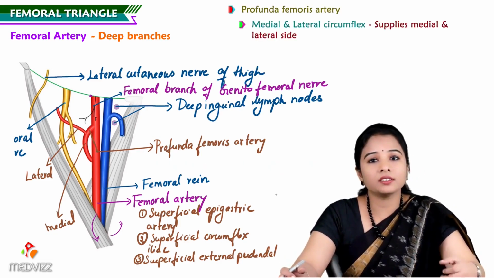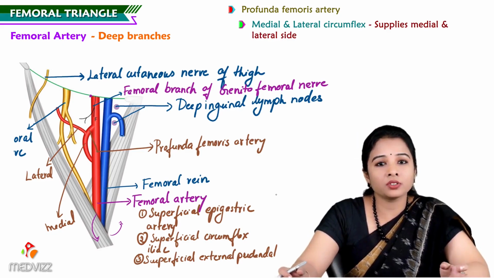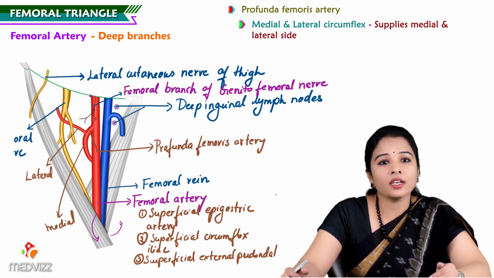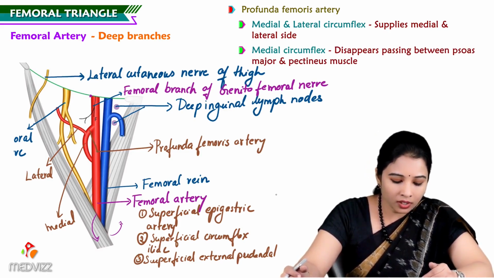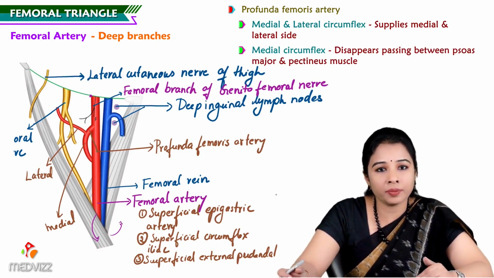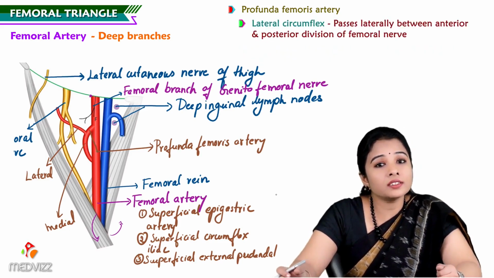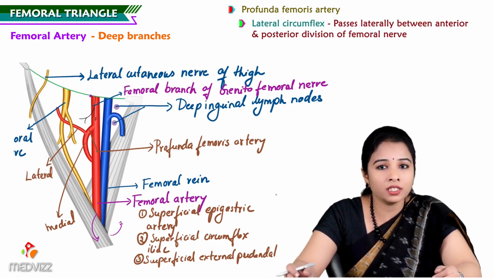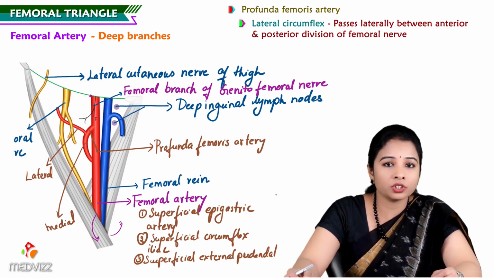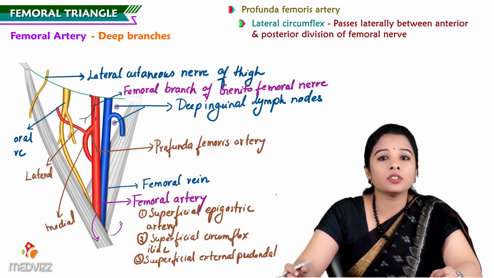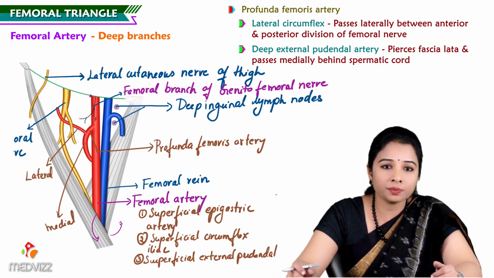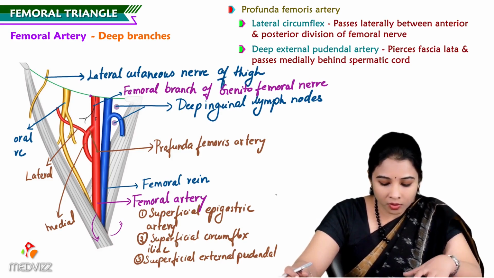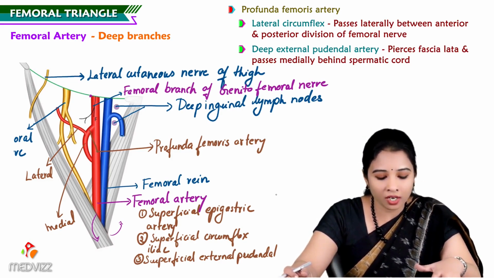So the medial and lateral circumflex femoral arteries supply the medial and lateral sides, and the medial circumflex disappears passing between the psoas major and pectineus muscle, and the lateral circumflex femoral artery passes laterally between the anterior and the posterior division of the femoral nerve. The deep external pudendal artery pierces the fascia lata and passes medially behind the spermatic cord. So that is about the deep branches of the femoral artery.